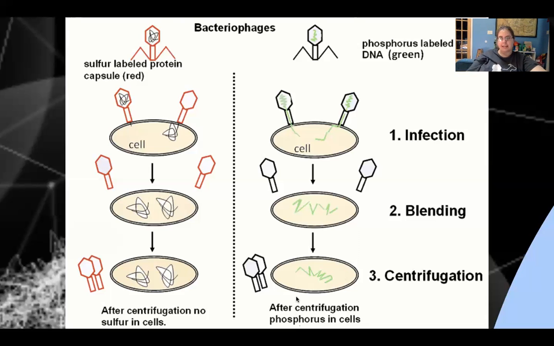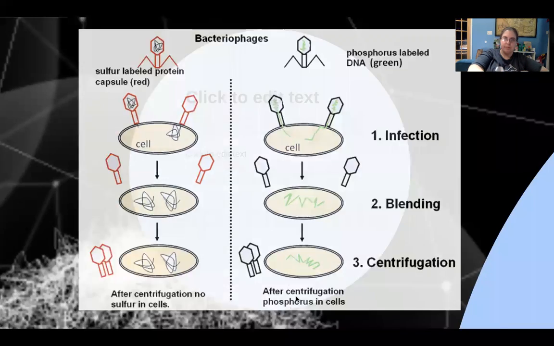So these viruses injected the tags into the bacteria cells. And since viruses inject their genetic material and the tags were on the DNA, it meant that DNA had to be the genetic material being used and transmitted with the virus.